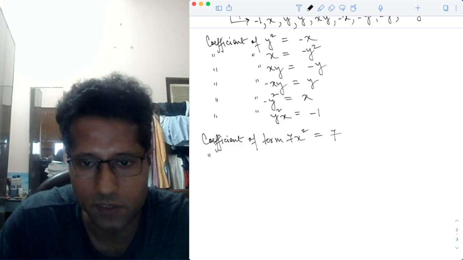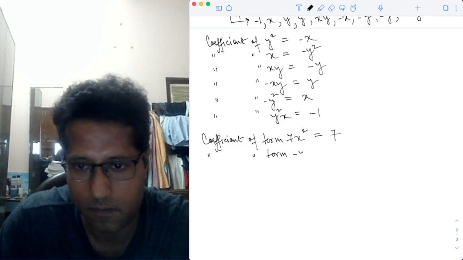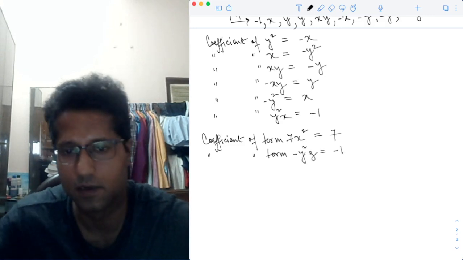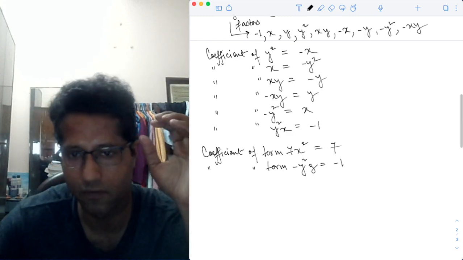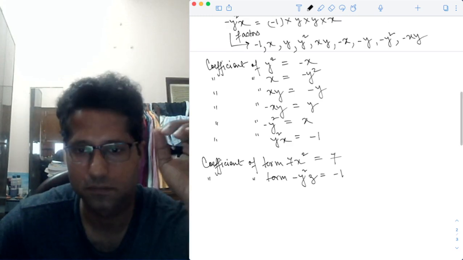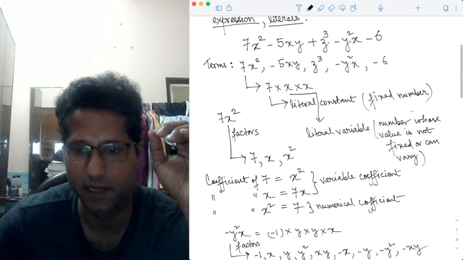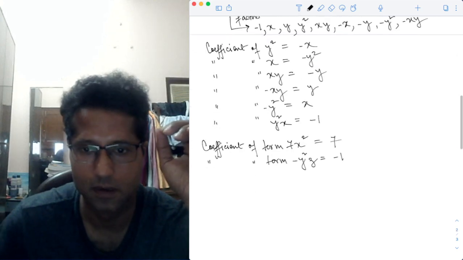Similarly, coefficient of term minus y square z is minus 1. Only the numerical factor of the term. So let's take some more examples.